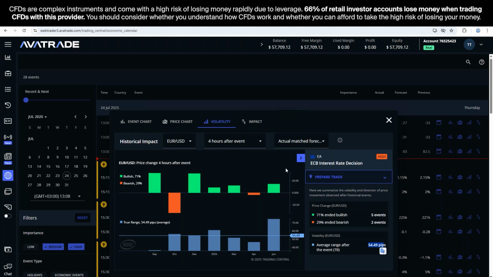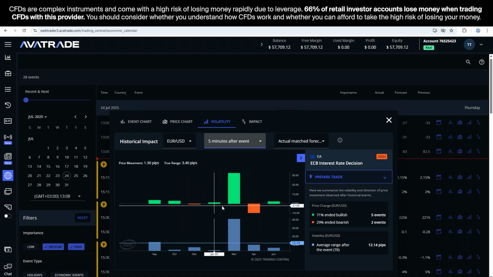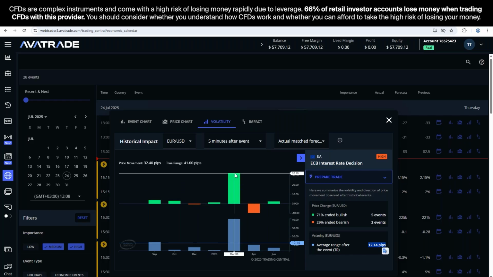So what happens in the first 5 minutes? We can look. On average, in the first 5 minutes, we get 12 pips of movement, not 55. So you have time most of the time. You see once it spiked over 30 pips in the first 5 minutes. Maybe if that happened before you could get your trade off, you sit that one out.